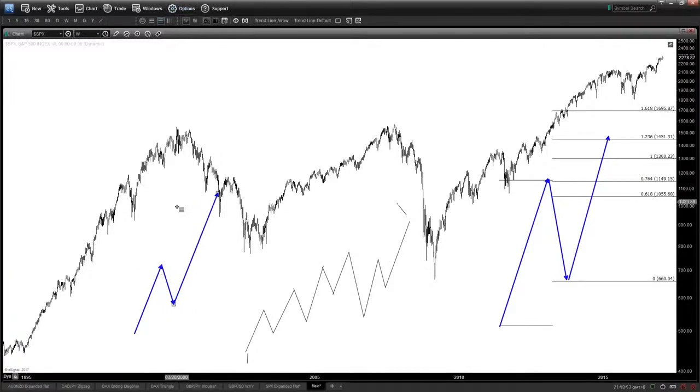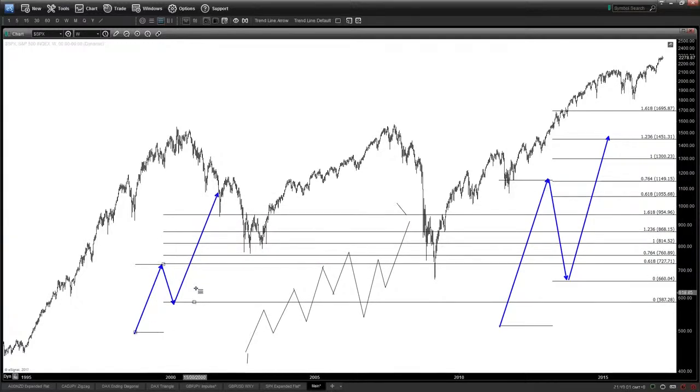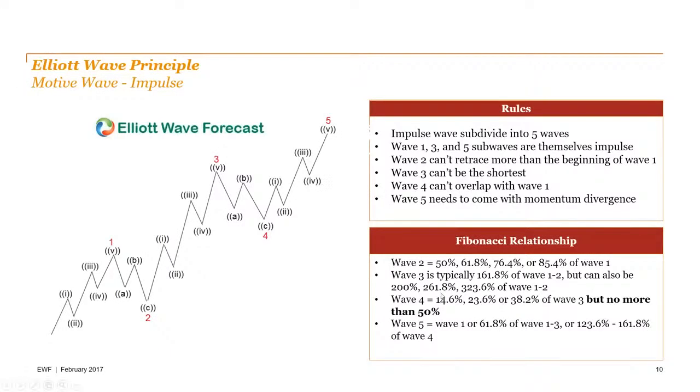So if I measure the Fibonacci extension, now this is equal leg 100%. This is where this leg is equal to this. Wave 3 most of the time is 1.618, 161.8%. Usually it is the longest wave. Okay, typically it is 161.8%, but it can also be more than that, can be 200 and so on and so forth.